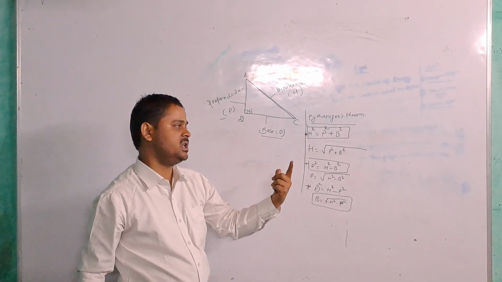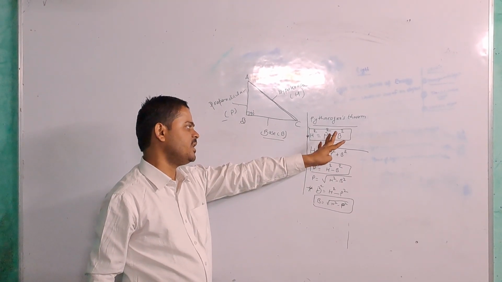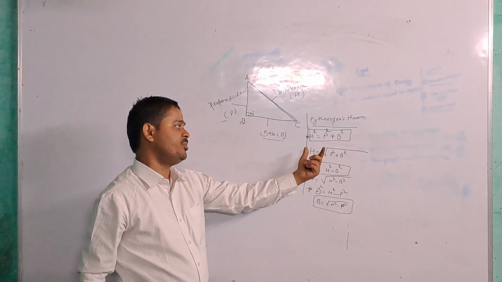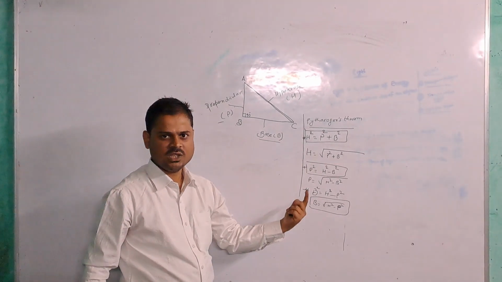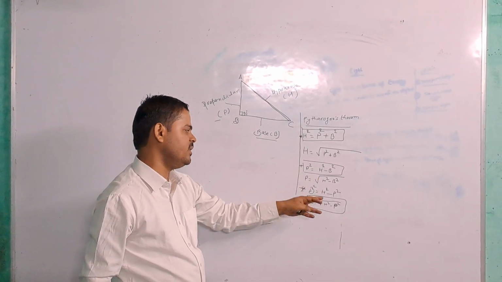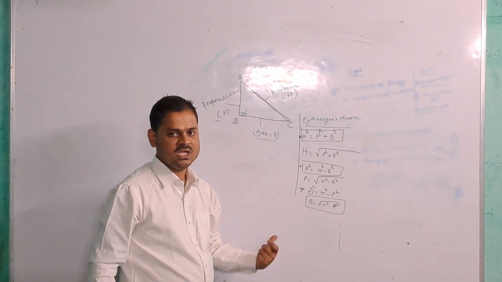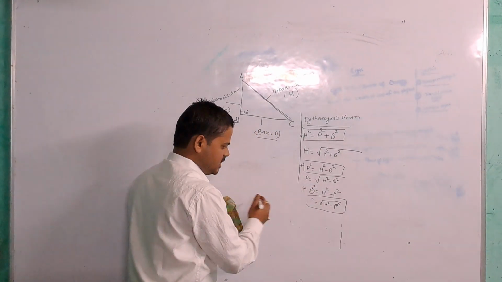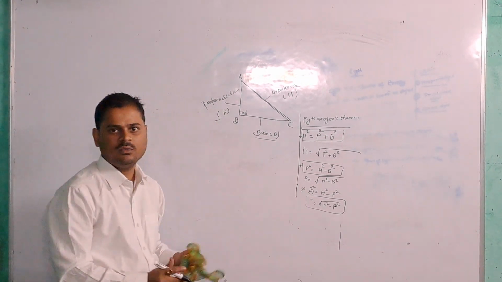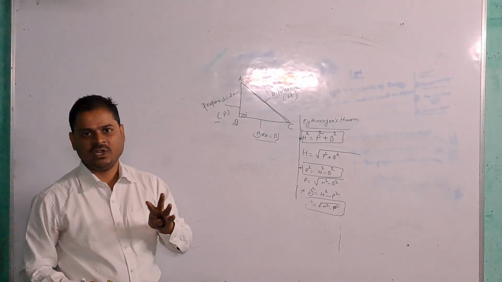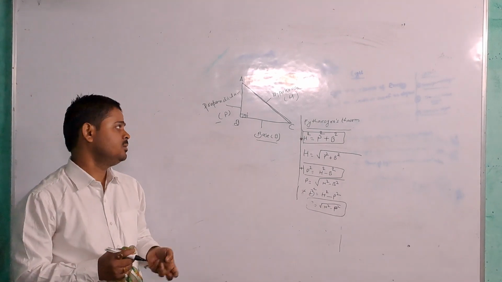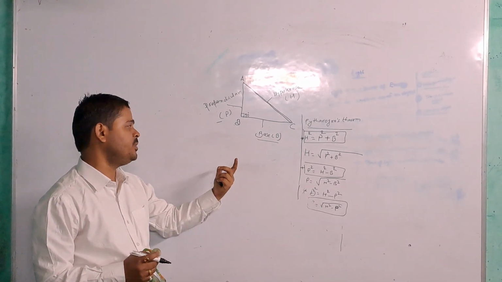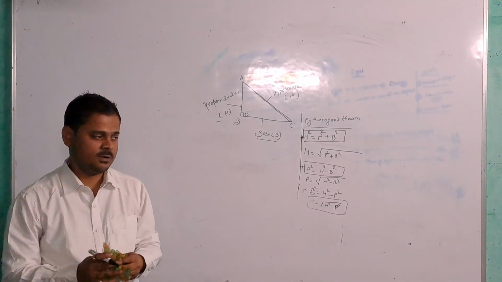Pythagoras is a great mathematician who gave the formula: hypotenuse square is equal to perpendicular square plus base square, and with this we can find the value of h, p, and b in a given equation. If you want to write it down, you have to take time and write it down. So now understand what is perpendicular, what is base, and what is hypotenuse.